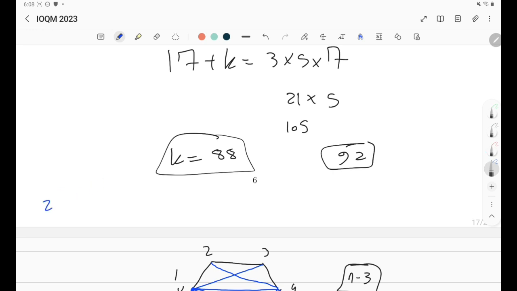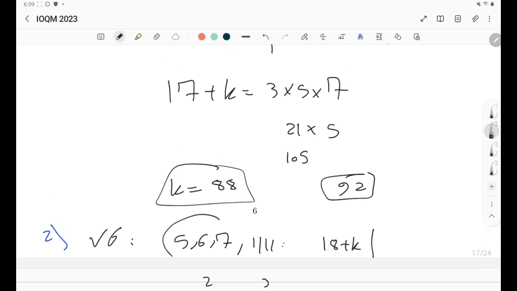In the other case, if we have a 6, then we can only use a single 6. Actually, let's start in order. 5, 6, and 7. And a bunch of ones again. Or here, of course, we can do the same thing. So now the sum is 5 plus 6 plus 7, which is simply equal to 18 plus k. It's going to divide the same thing, actually, 5 times 6 times 7.